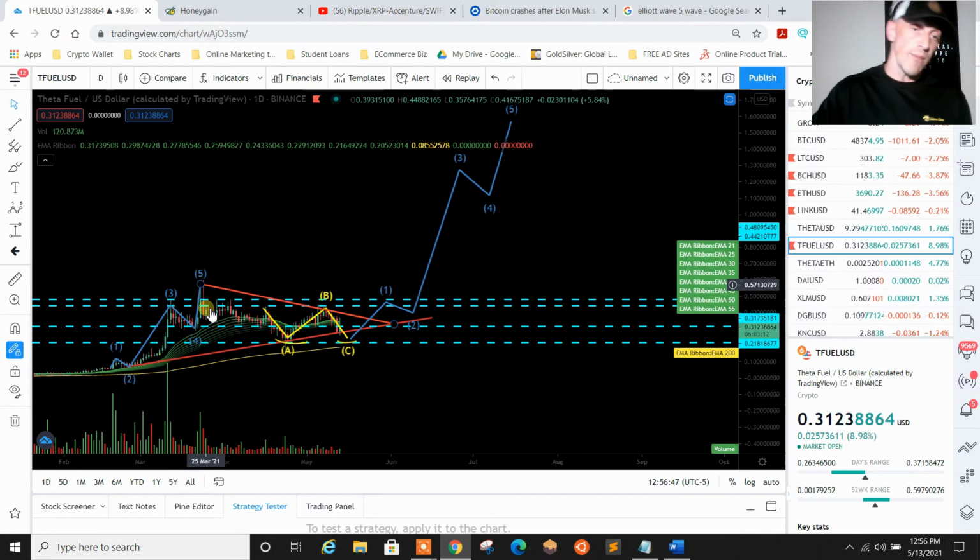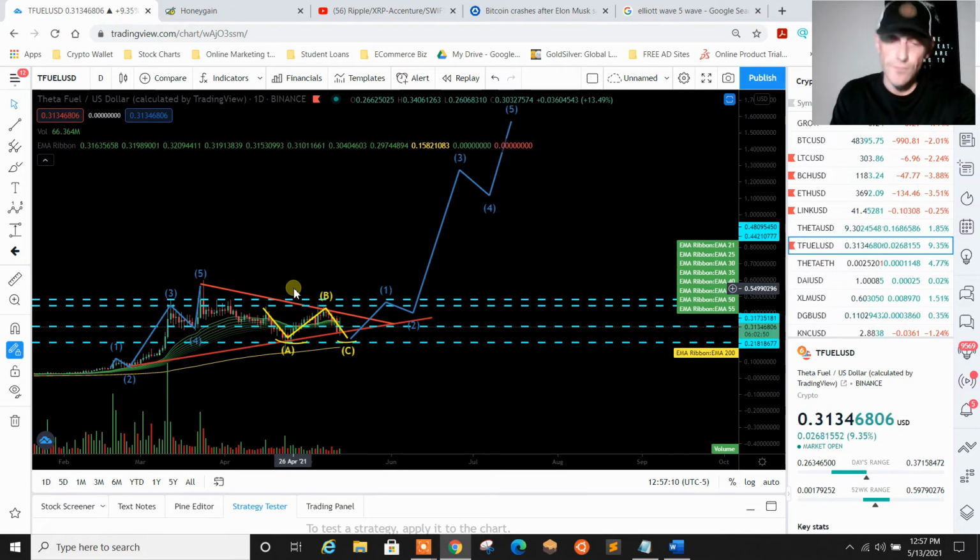If we can replicate what we did back here on the ratio of T-Fuel closing in on Theta, you would get a ratio on T-Fuel to Theta of anywhere between 15 to 1 or 10 to 1. And that would put your price pretty much well over $2 on T-Fuel.